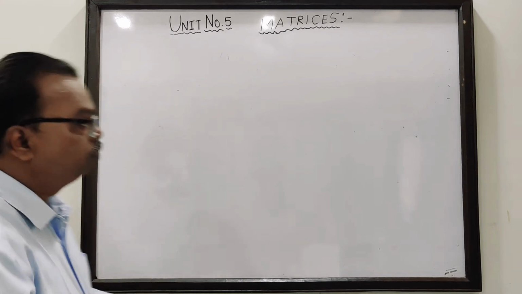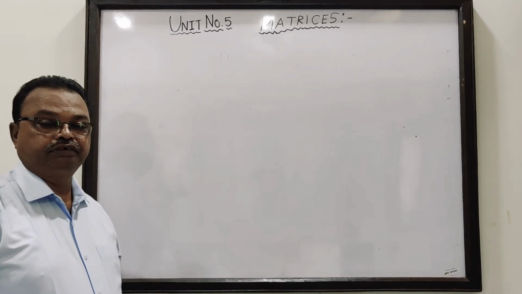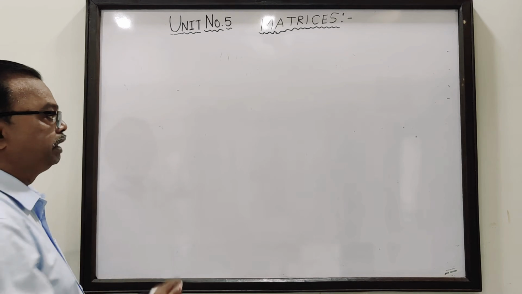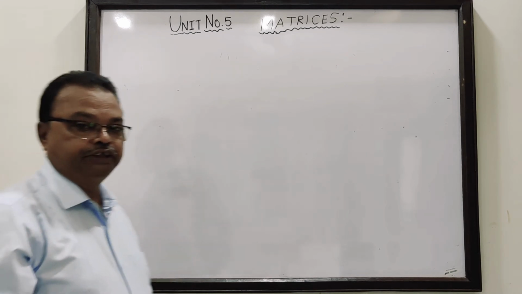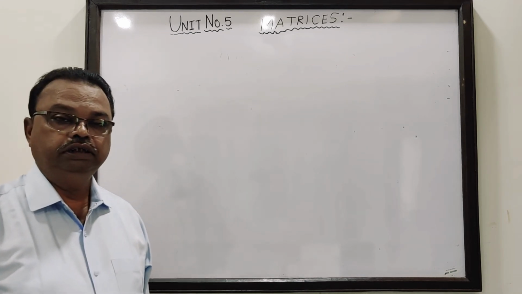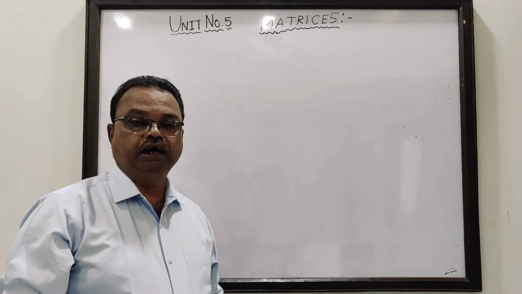Then, what is called a diagonal matrix? It is a square matrix in which all the non-diagonal elements are 0.